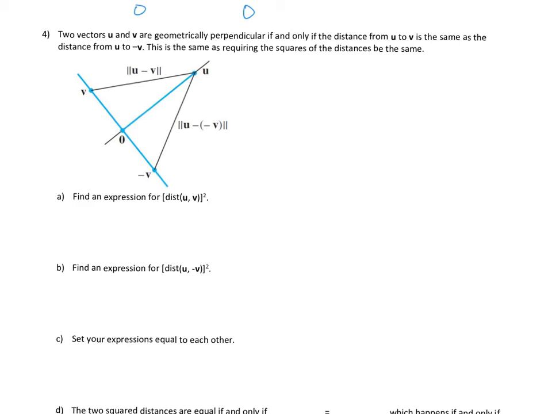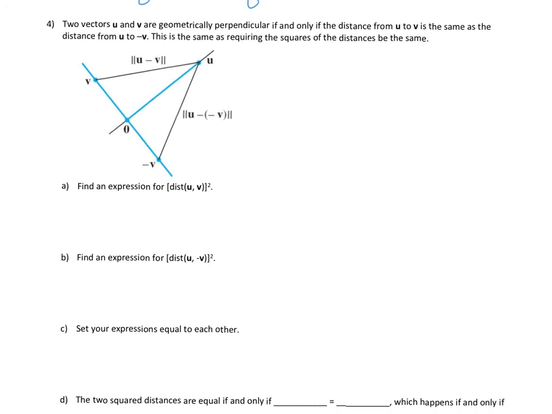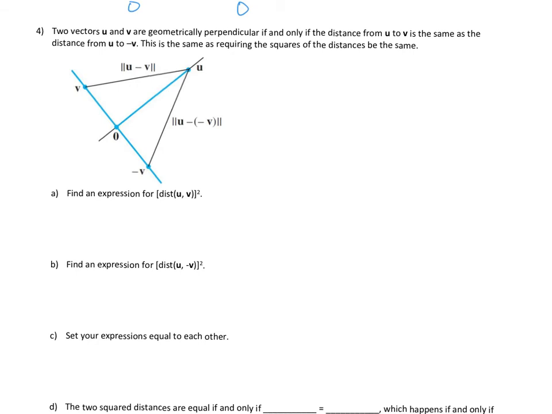All right, so we want to find an expression for the distance from u to v squared. Okay, so the distance from u to v, that is the length of u minus v squared.